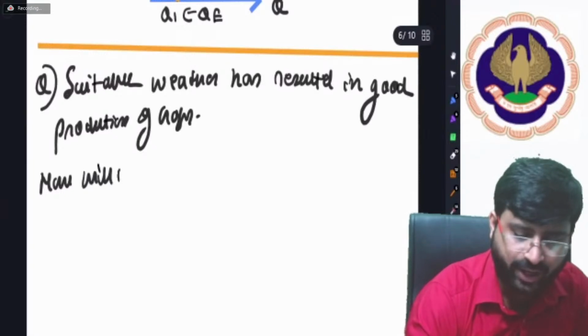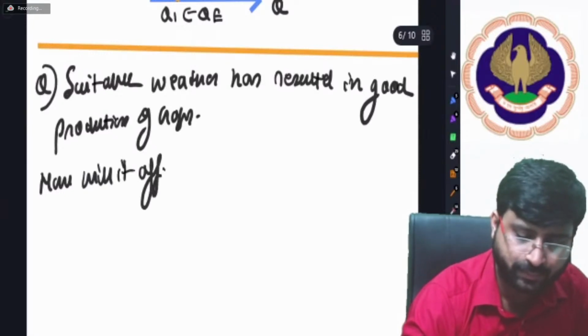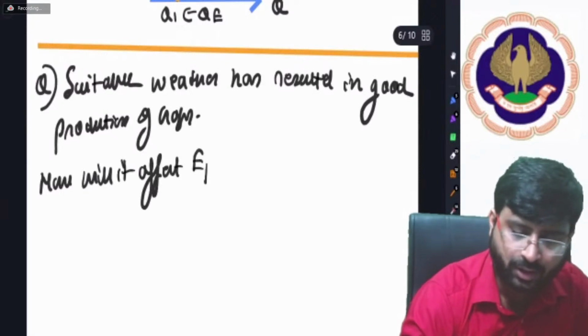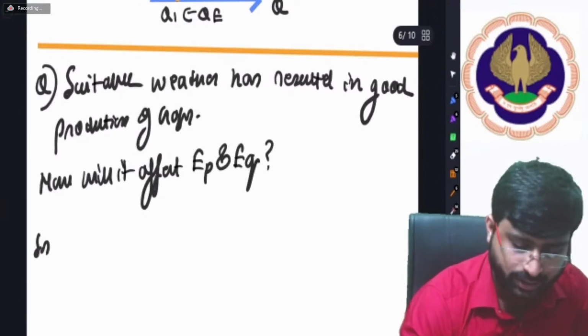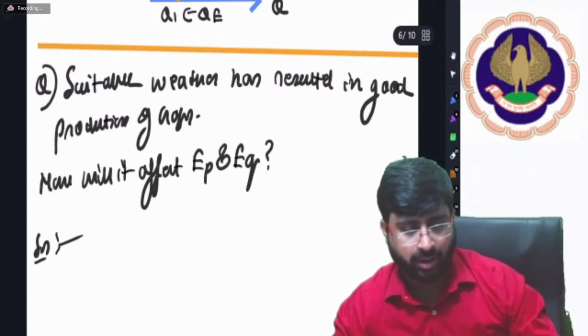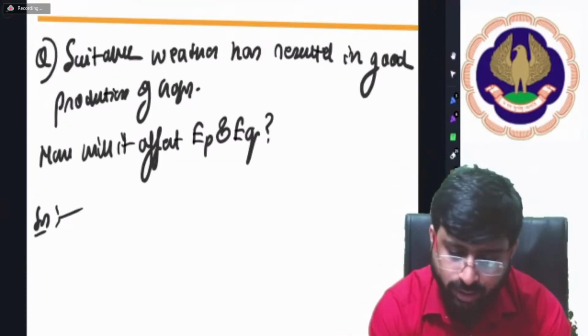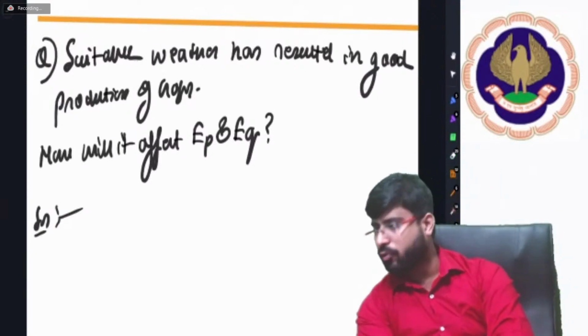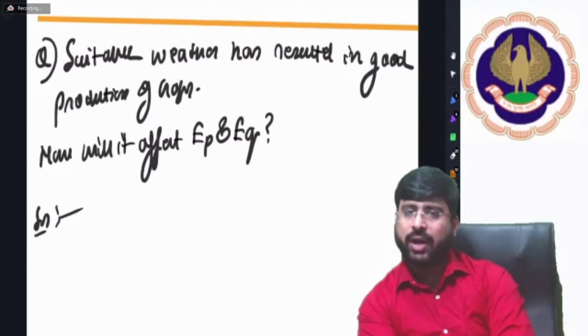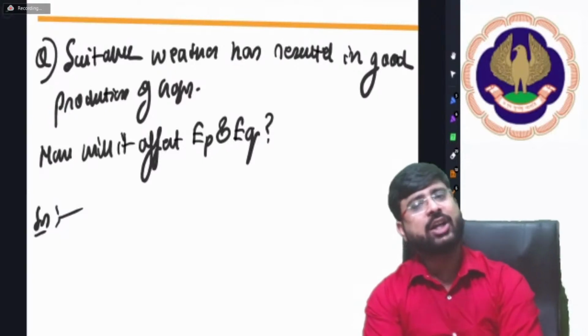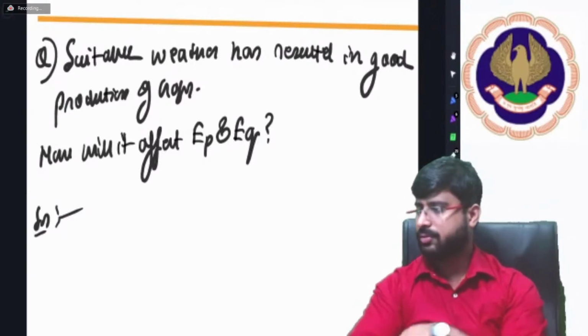How will it affect equilibrium price and equilibrium quantity? That is the simple question that has been written in front of you. Suitable weather has resulted in good production of crops. How will it affect equilibrium price and equilibrium quantity, friends?